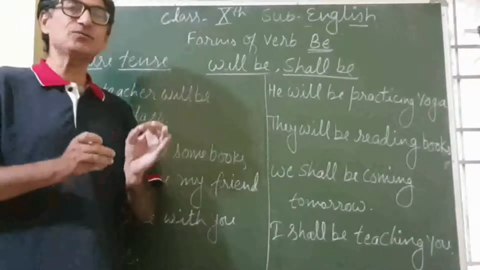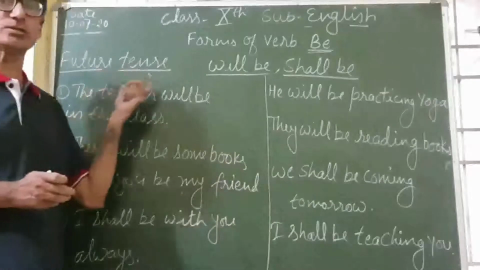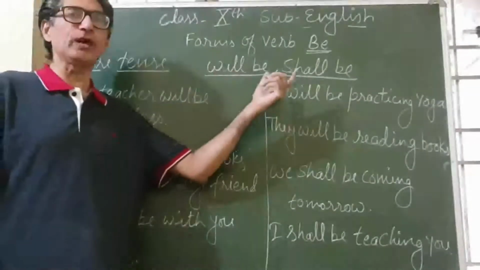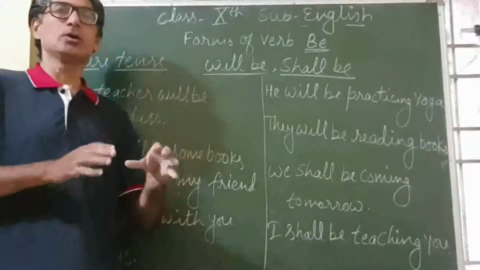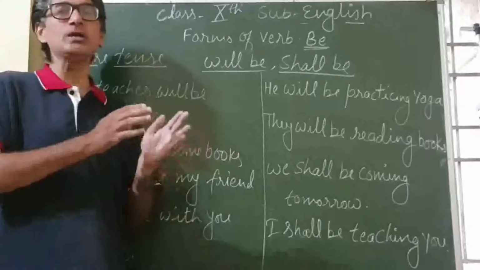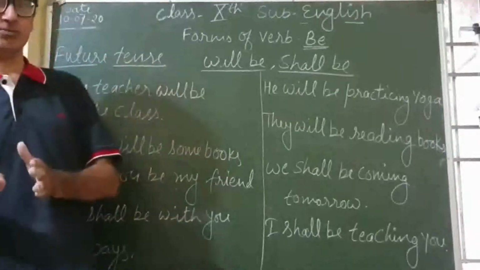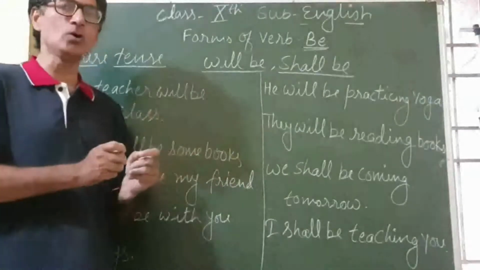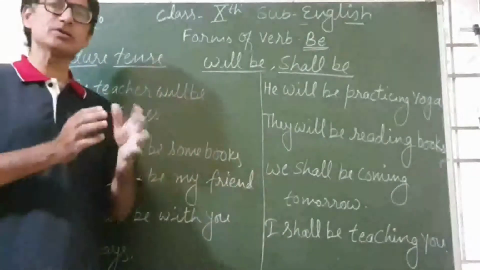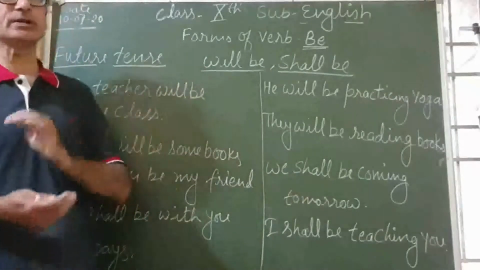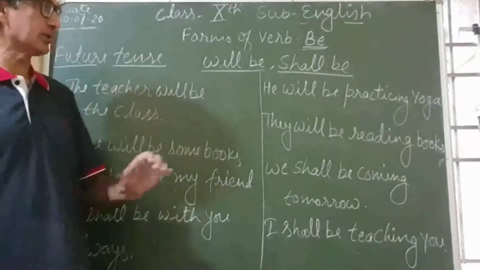But as far as the future tense is concerned, we decide the use of helping verb not on the basis of the number of the subject, but on the basis of the person of the subject. And there are three persons. You know, the subject is divided into three persons: first person, second person, and third person.